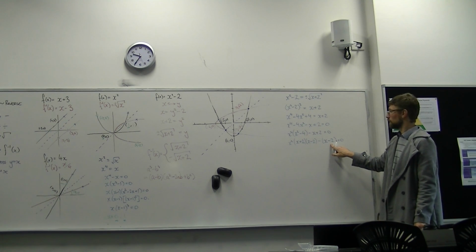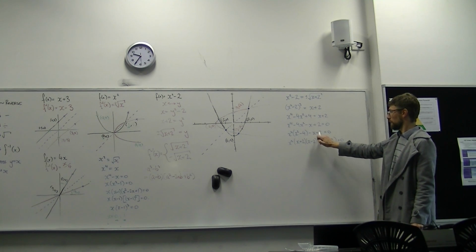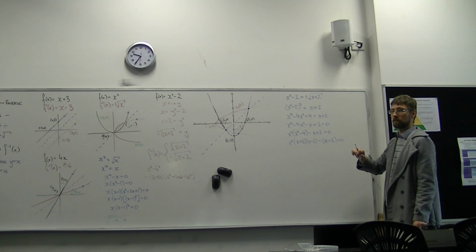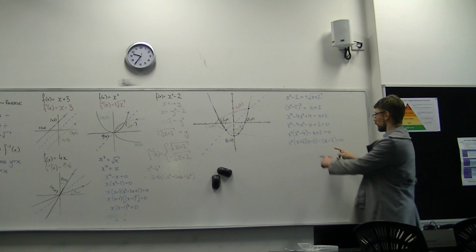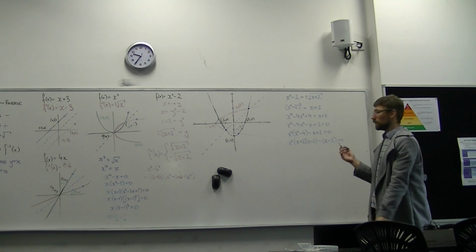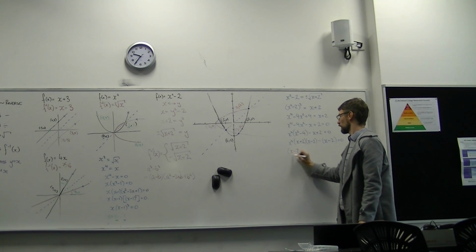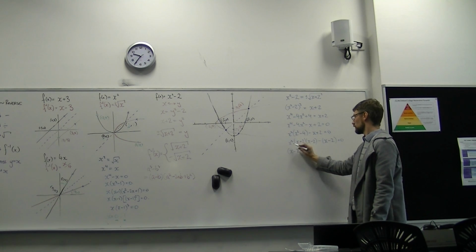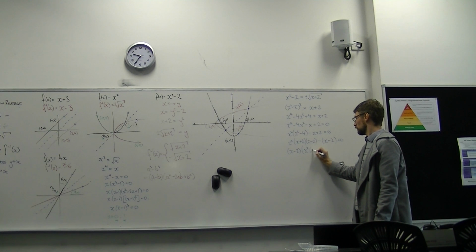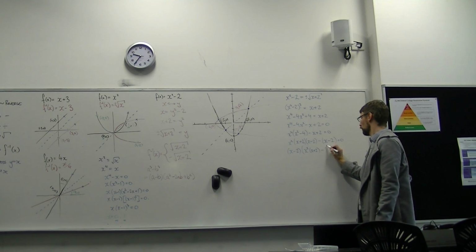Shouldn't it be plus 2? If I expand this, I'll get back. Oh, sorry, it's negative times the whole thing. Cool, my bad. So now I can go, these things are in common. So it'll be x minus 2, and then another bracket, x plus 2, is now in common to everything, times this minus one of those.